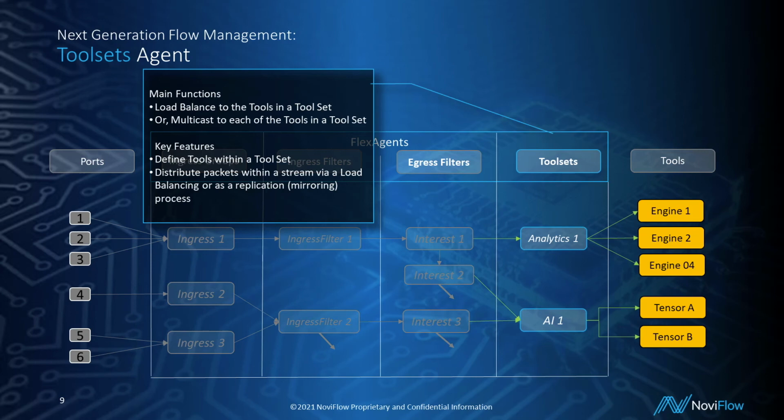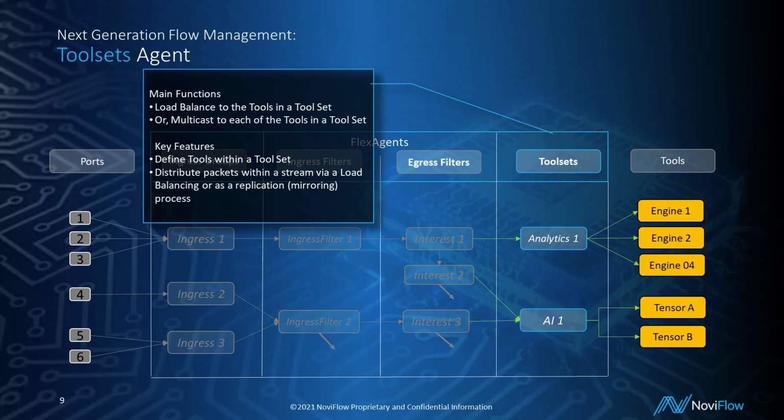One, they can load balance to the toolset out there, or they can multicast to the toolset out there. And that's a choice that you put in there. Now, we didn't call it out on this slide, but like I said, it has all the other standard features of a full-fledged load balancer, dealing with failovers and all of that.